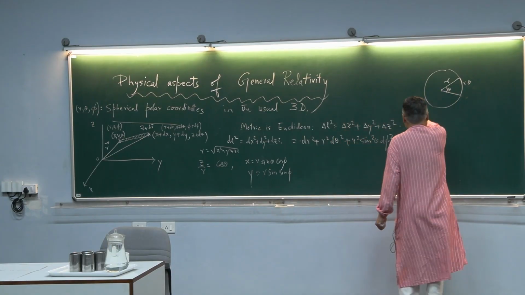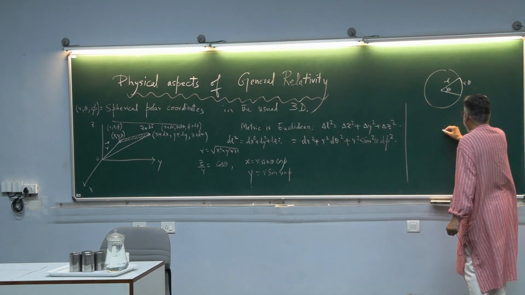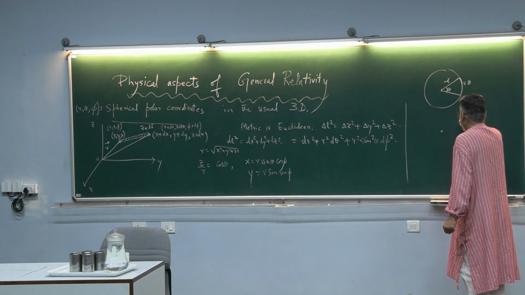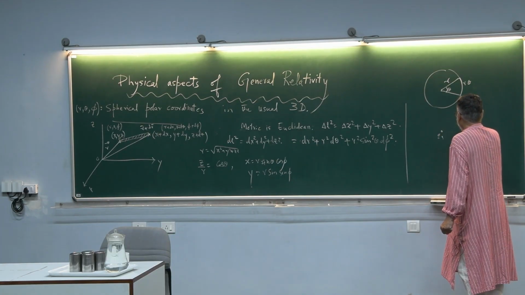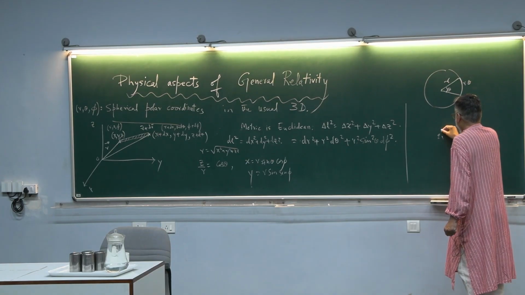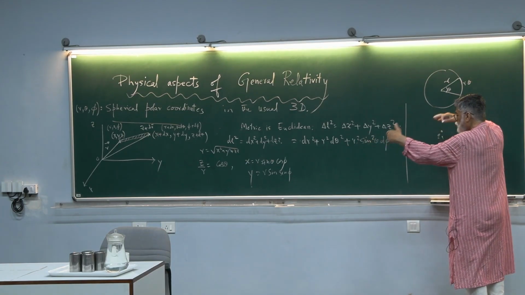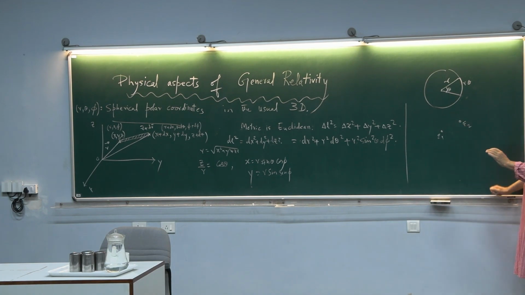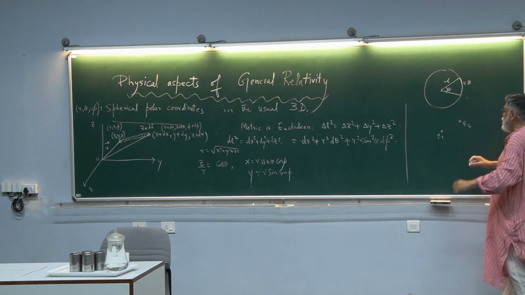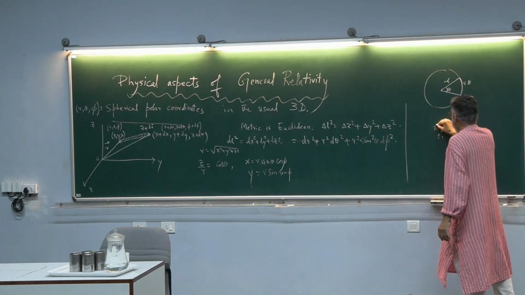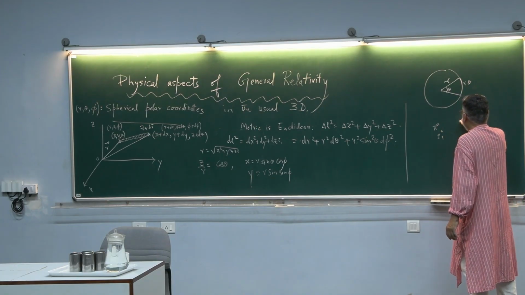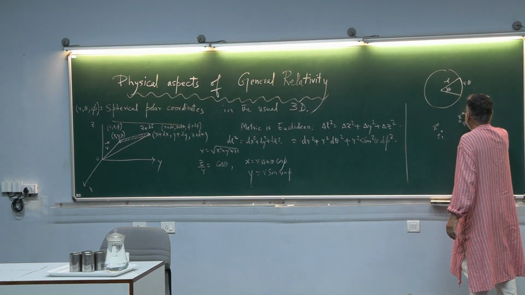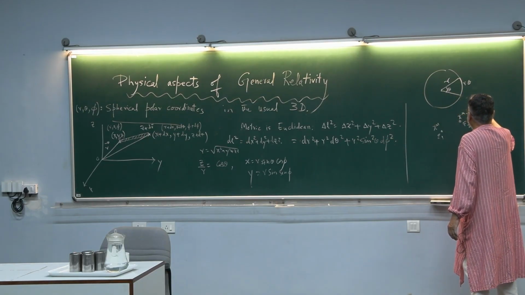Now you say the same thing, fine. Now you have here one event, here another event, and you have used a general curvilinear coordinate system x mu, so that this event has x mu coordinates, where mu goes from 0, 1 to 3, and this is x mu plus dx mu.